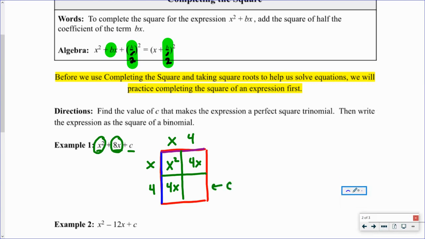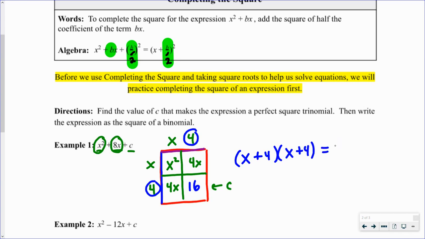And to find that, all we have to do is multiply these two constant terms together, and we get 16. So we get x plus 4 times x plus 4 equals x squared plus 8x plus 16. So the value of c that we have to add is 16 to make it a perfect square trinomial. And it factors to x plus 4 all squared.